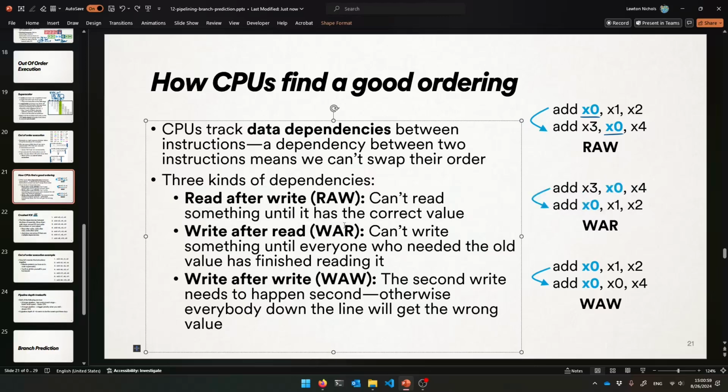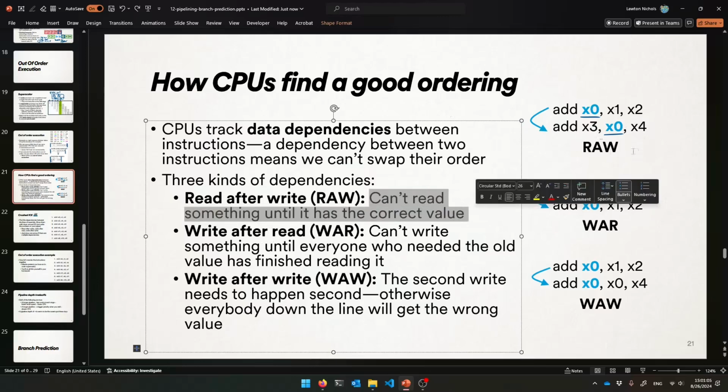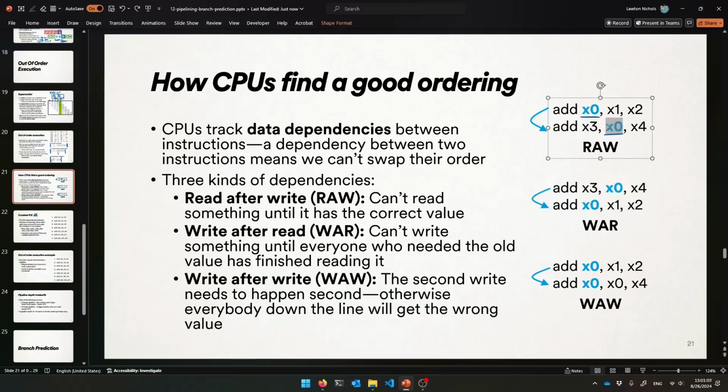You have the flip-flop as well, write after read. So yeah, first, did I explain this well enough? So a read after write is like you're not ready to read this. It doesn't have the value until this is completed. Okay. So yeah, the other kind is write after read. So again, we have x0, but in a different way. All right. So this is trying to write to x0, and this is trying to read some value of x0. But again, do you see that you cannot swap these guys?